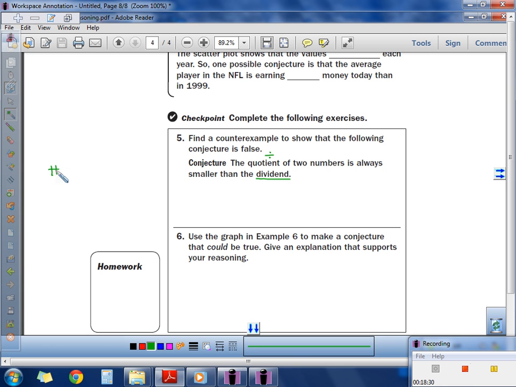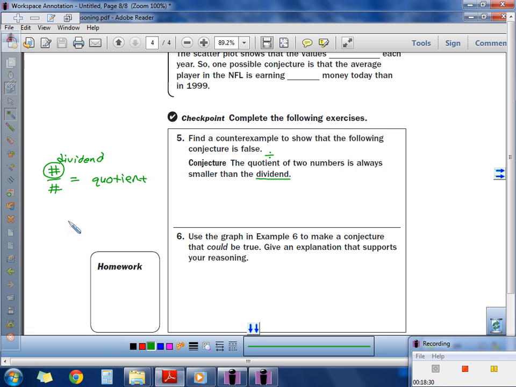When you're dividing a number by another number, you end up getting your quotient. Which of these numbers is the dividend? Which one is it? The top number is your dividend. This should help you figure out what numbers to use and what you're trying to prove.